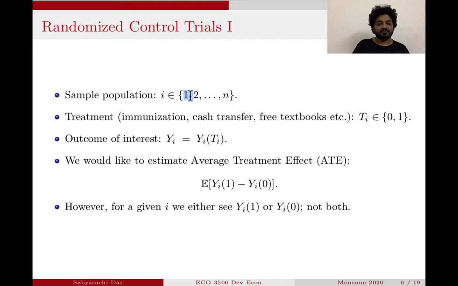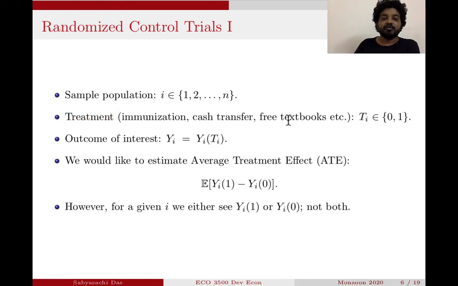Anyways, these are the relevant units. Let's think about individuals first. Let's think about immunization, or bank accounts given to rural poor. So these are the n treatment plus control villagers, and then you are assigning some treatment to some of them.